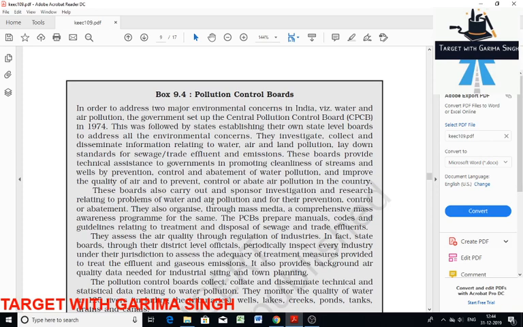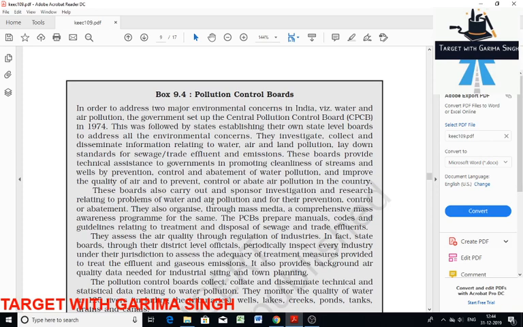The Central Board at the national level advises the central government on any matter concerning prevention and control of water and air pollution and improvement of the quality of air. Then it plans and causes to be executed a nationwide program for the prevention, control or abatement of water and air pollution.